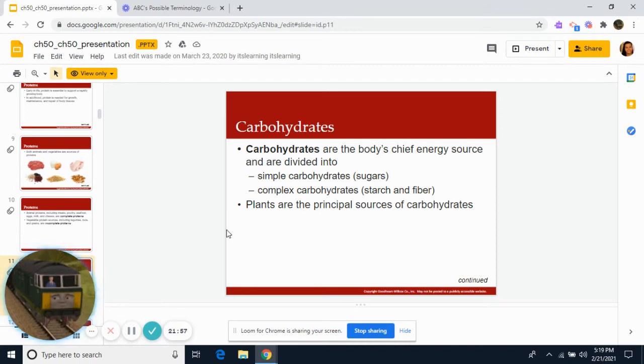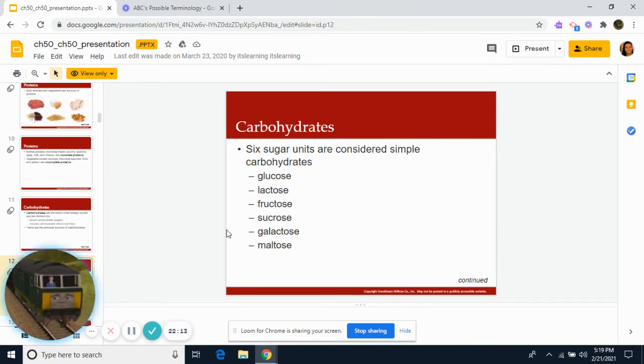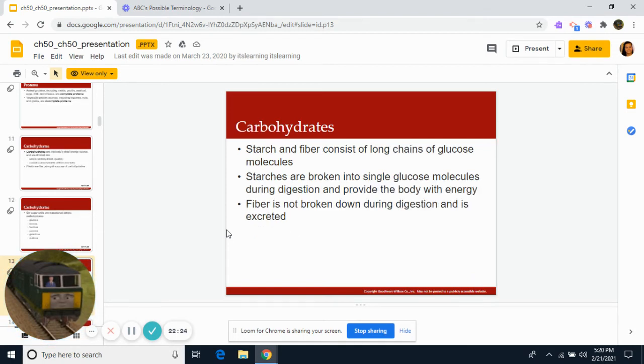Carbohydrates are the body's chief energy source and are divided into simple carbohydrates, sugars, and complex carbohydrates, starch and fiber. Plants are the principal sources of carbohydrates. 6 sugar units are considered simple carbohydrates, which are glucose, lactose, fructose, sucrose, galactose, and maltose.